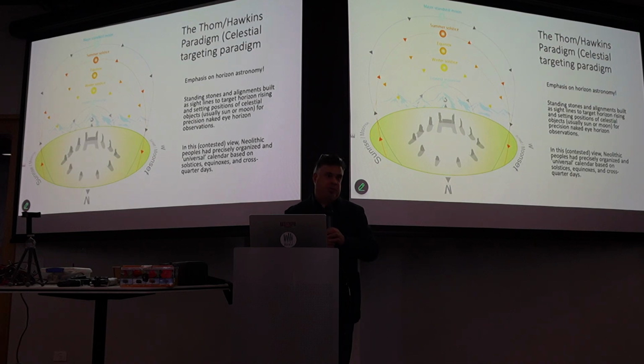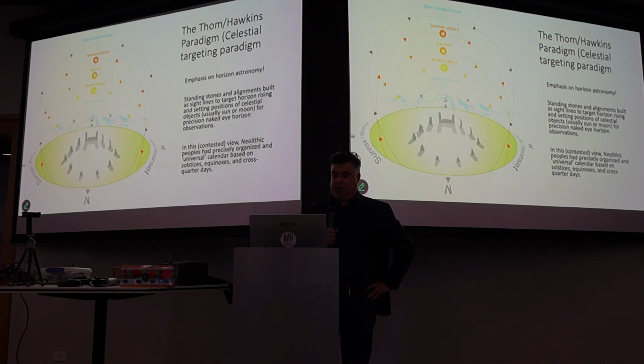But I want to return to some of the topics and themes that have come up on a number of occasions during the talks so far. And to begin with, something that I'll refer to as the Tom Hawkins paradigm, or the celestial targeting paradigm.